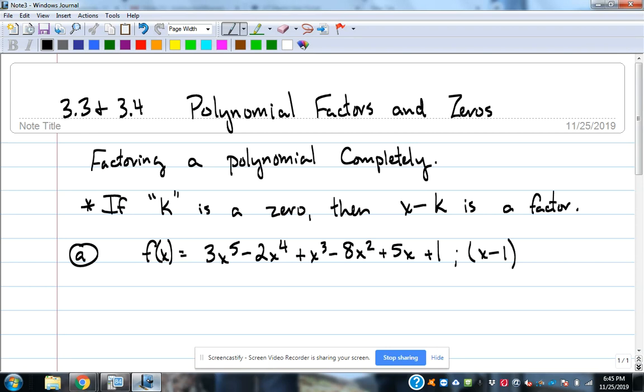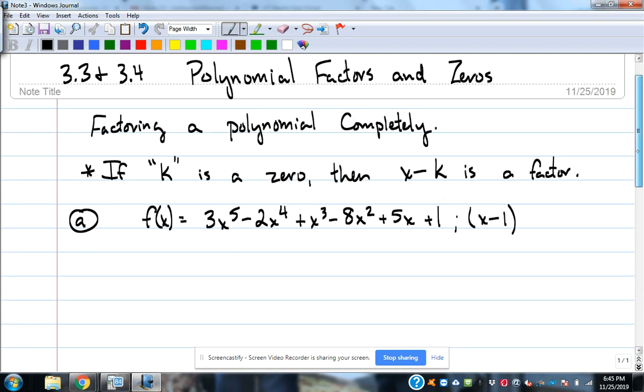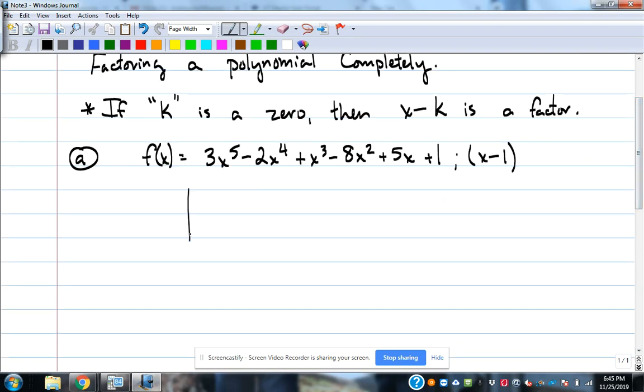So we're going to start by taking the polynomial and breaking it down using a 1 on the shelf. The value from the factor they gave us tells us what goes there. If you didn't know the shortcut, you could set the factor equal to 0 and solve it, and that 1 is what goes on the shelf.